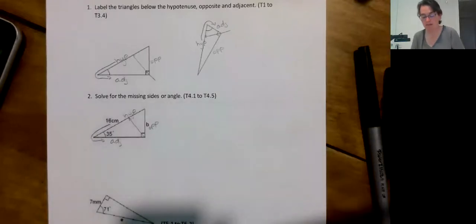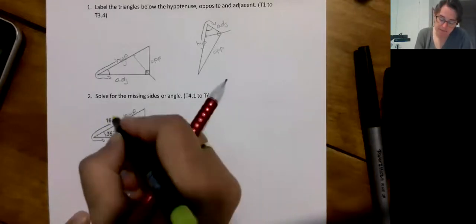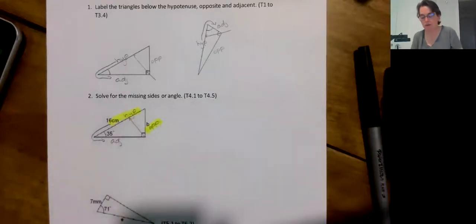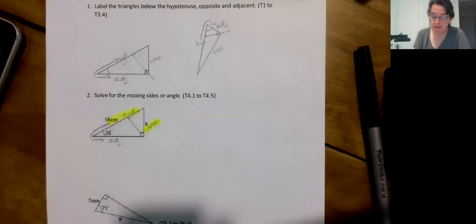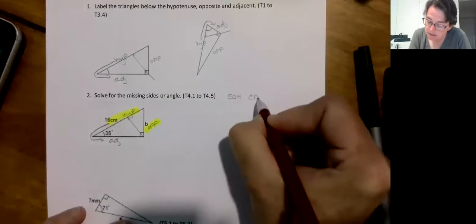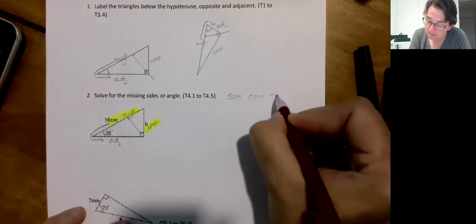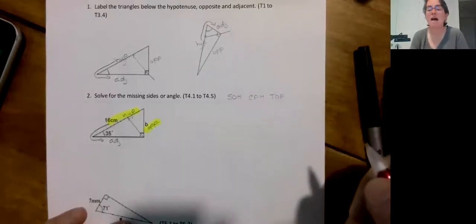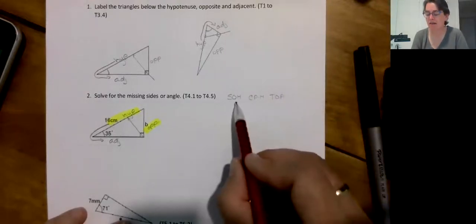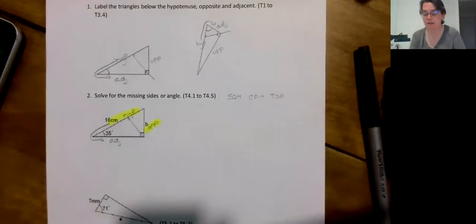So what am I looking for? I have my hypotenuse, and I have the opposite side. With hypotenuse and opposite, what are we going to do? Let's see. I never could handle this when it was all written together, but now that I write it as 3 separate words, it makes so much sense.